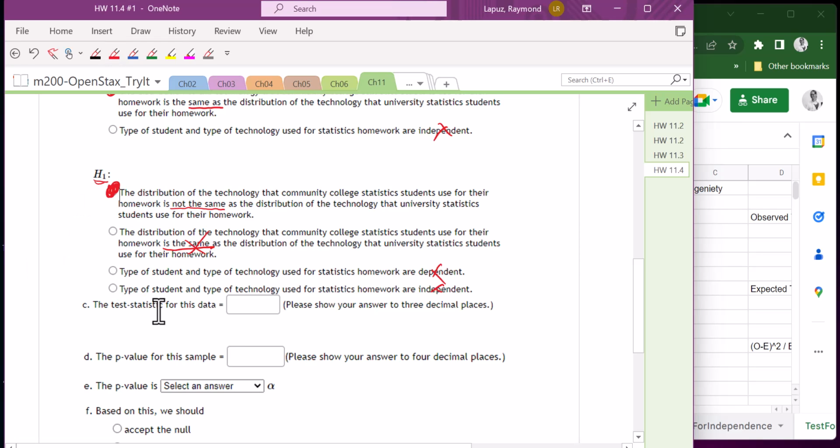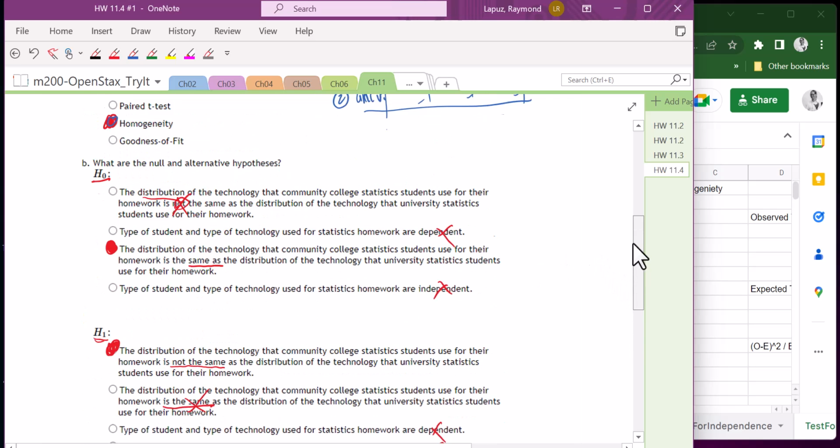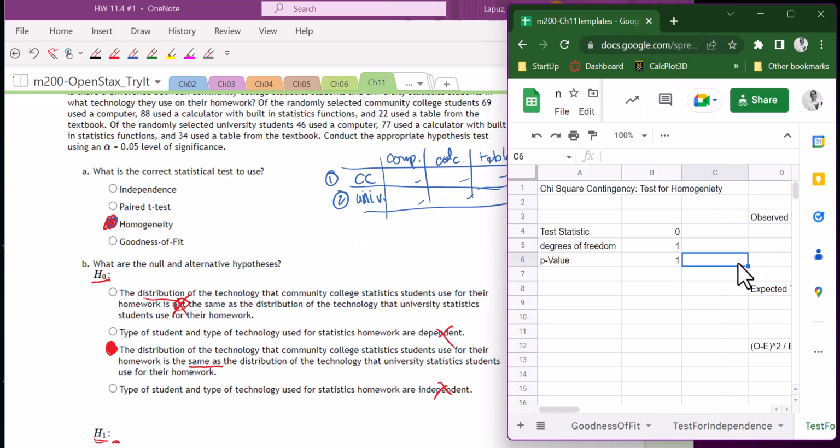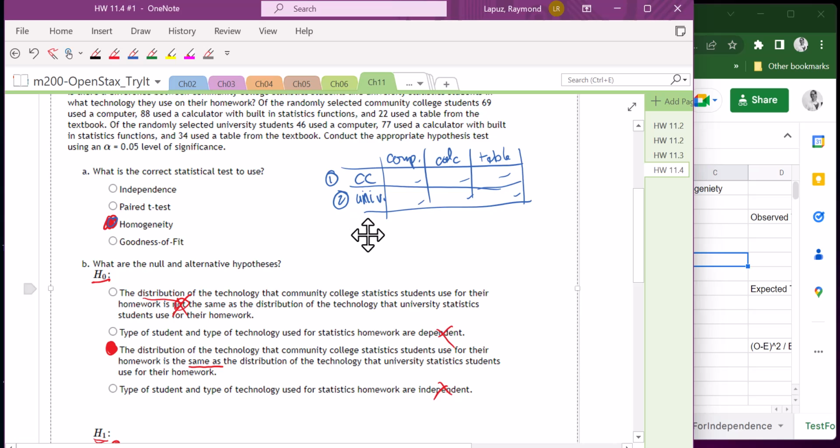The rest will ask us to find the test statistic, p-value, etc. So we'll need to actually do the computation in our technology. So for this, we will need this information. Now, they didn't give us a table like this, but we need to create a table like this.